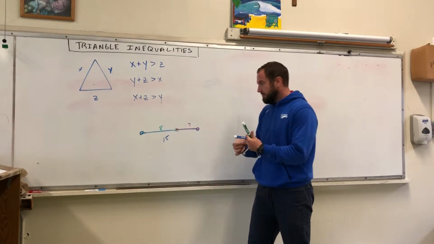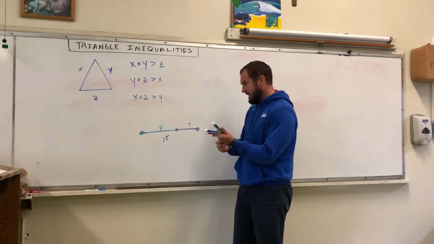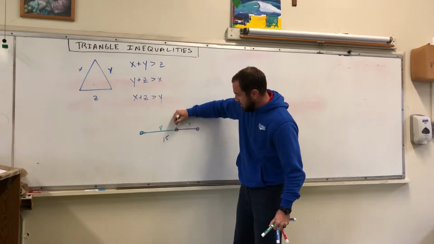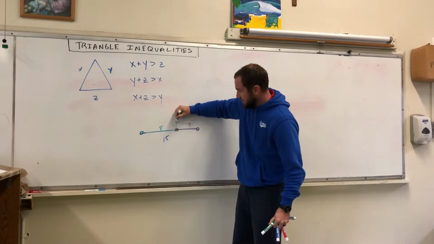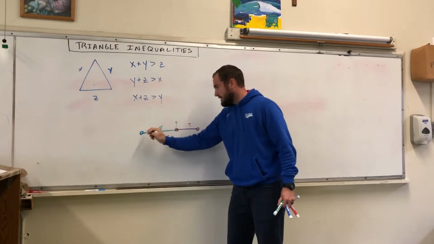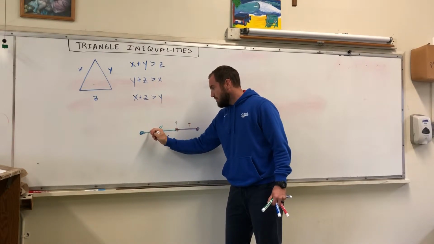So basically, as soon as I pull this point up, as soon as I start to pull this up, what's going to happen? Let's say the green and the red are connected. Let's say I start to pull this up. What's going to happen?